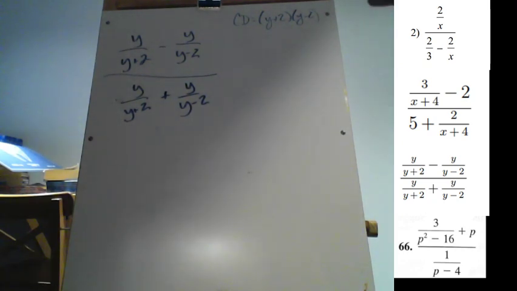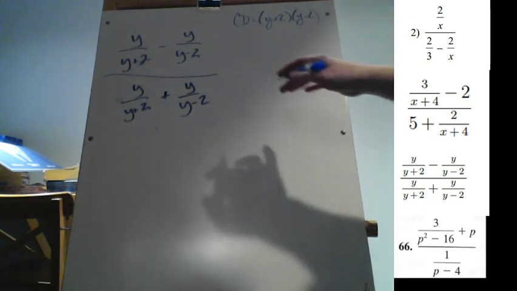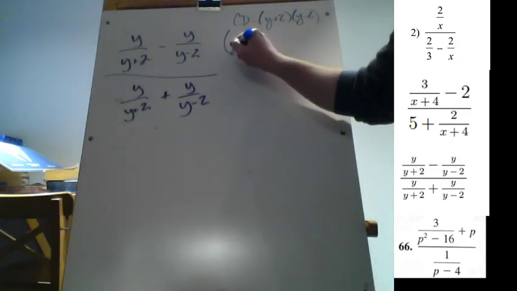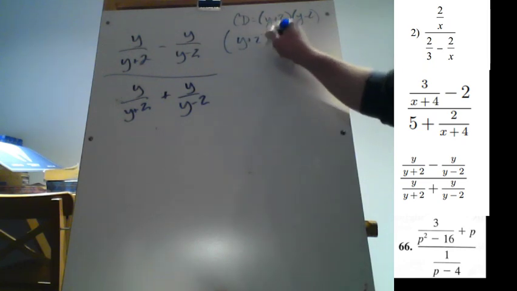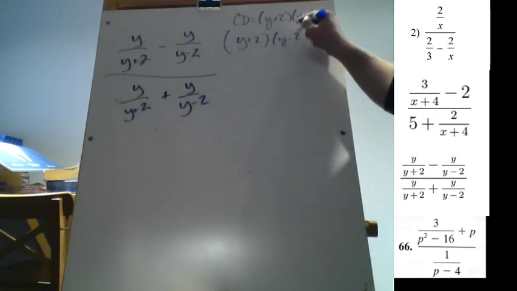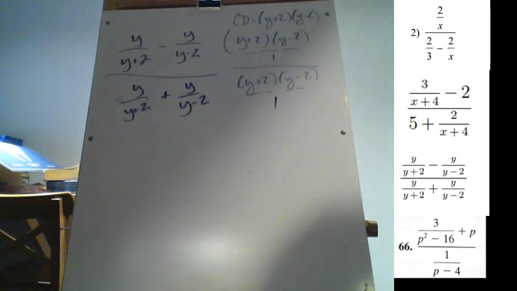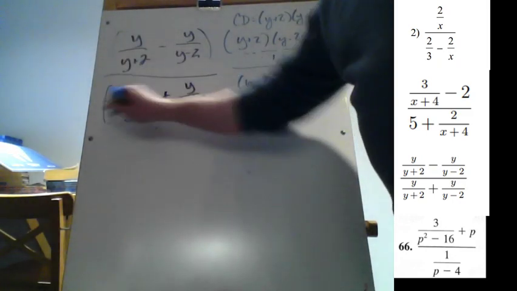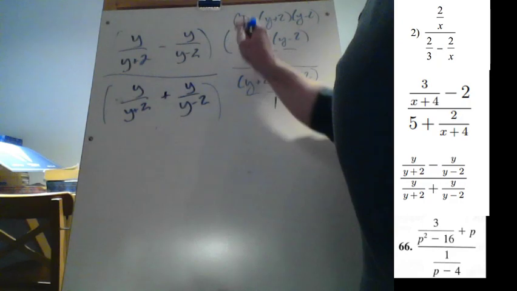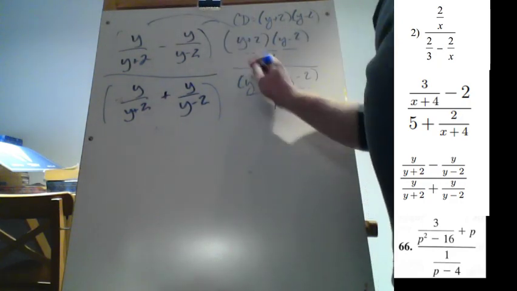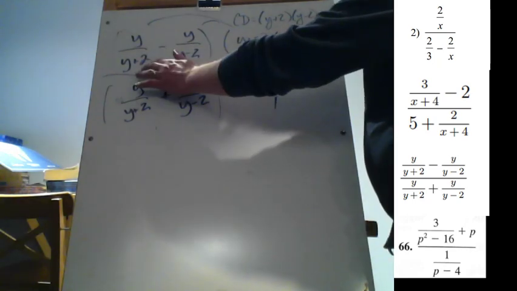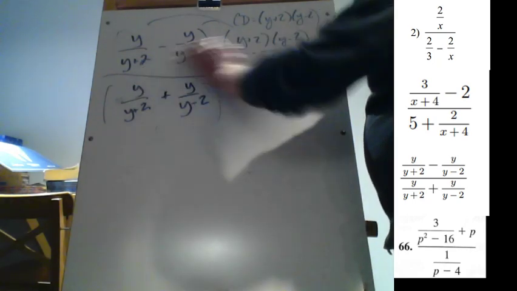Now the beautiful thing, and I'll show you the previous step, but before I do that, is that if I multiply all of this through by y plus 2 times y minus 2, that's fine. Now ask yourself, when I multiply this out, so this whole thing goes to here, and it goes to here, and here to here, etc. What's going to divide out here, and what's going to be left over? The y plus 2s are going to divide out.